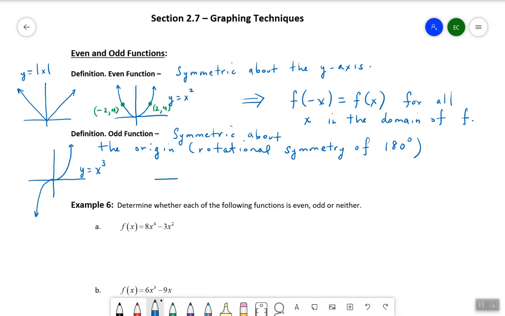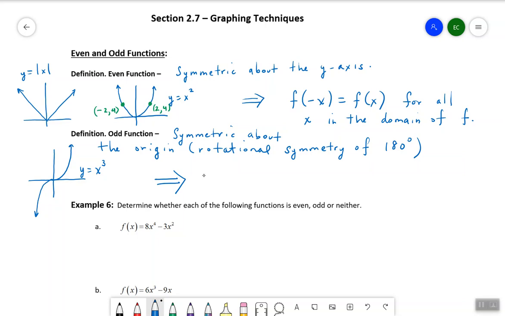And so you can see that if you rotate the graph 180 degrees around the origin, then that doesn't change the graph at all. The piece up here in the first quadrant would go exactly where this piece is down in the third quadrant, and vice versa.